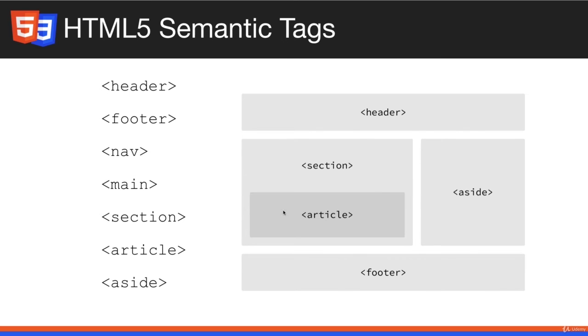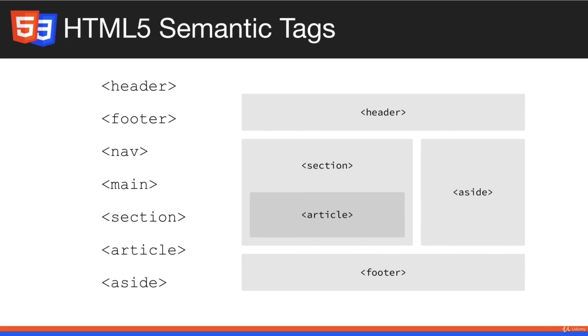Those could be wrapped in article tags, okay, instead of divs. And then aside is just that. It's sidebar content or just content that's not the main focus of the page. It could be maybe an ad, or it could be like a category section for the main blog section, something like that. Okay, so these are the HTML5 semantic tags.